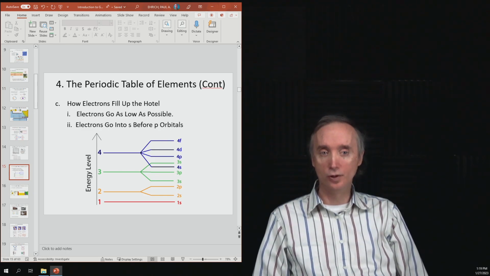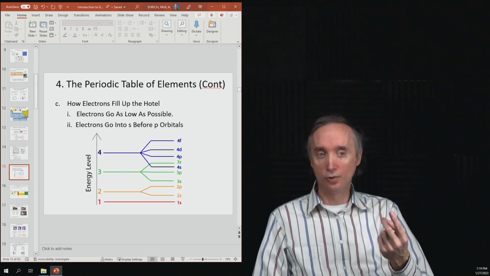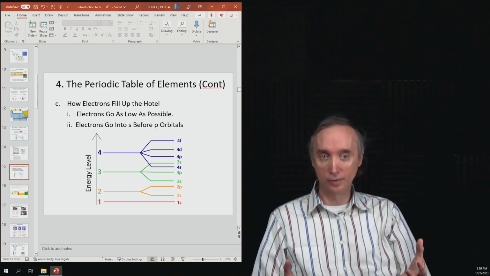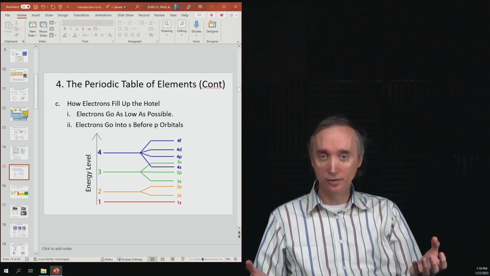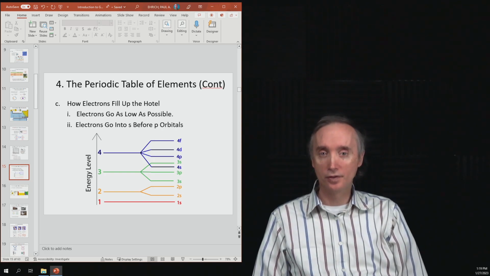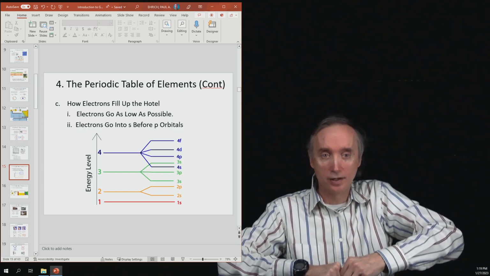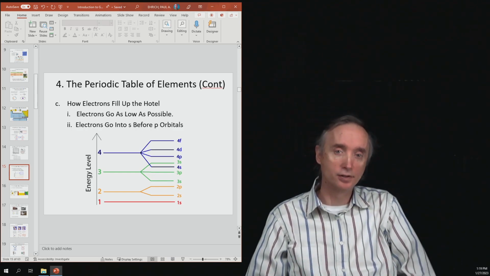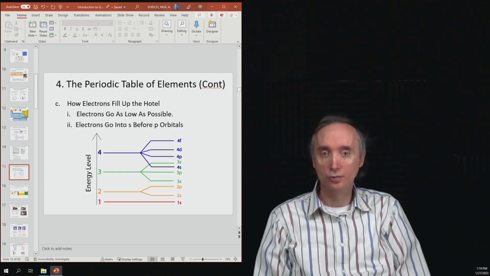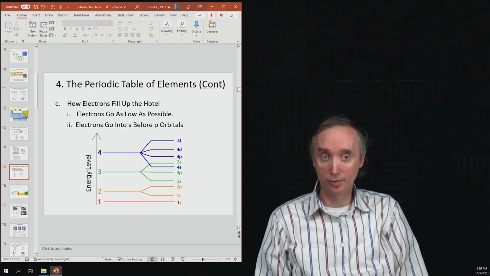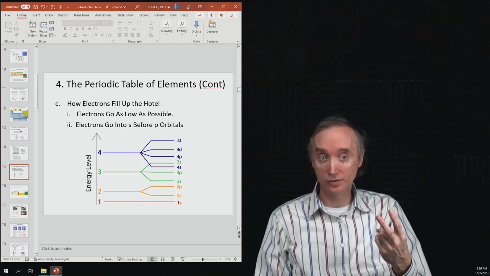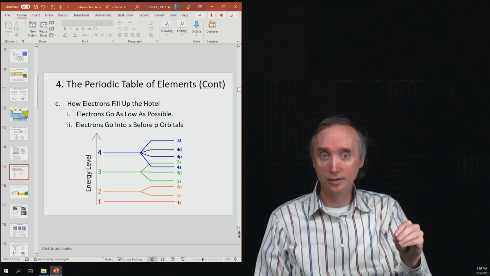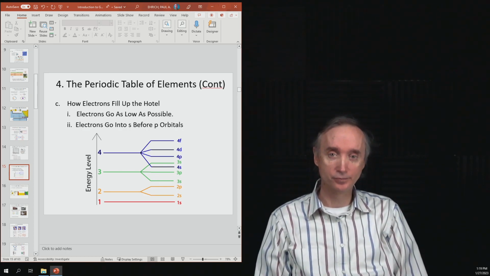You could either live with 1 roommate or you could live with 5 roommates. What would you rather do? You'd probably rather live with that 1 roommate so that you got more elbow room, right? So similarly, these electrons would rather be in an s orbital that only holds 2 electrons than be in a p that can hold 6 electrons.